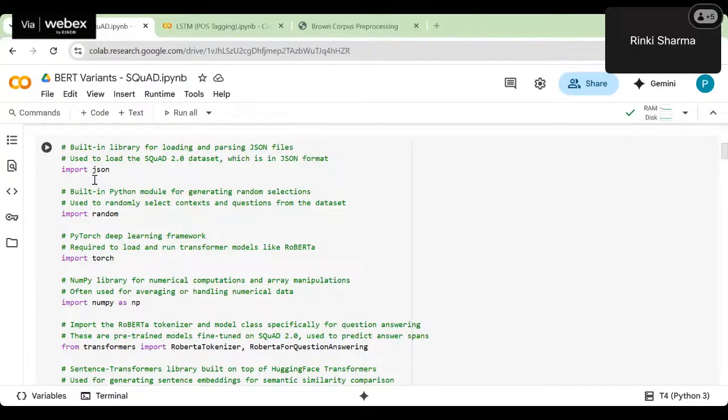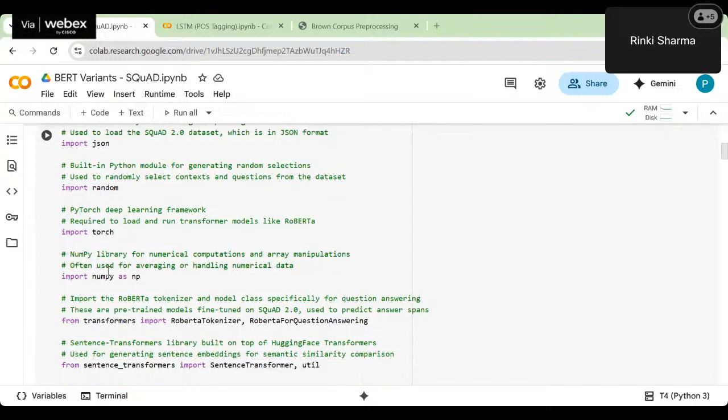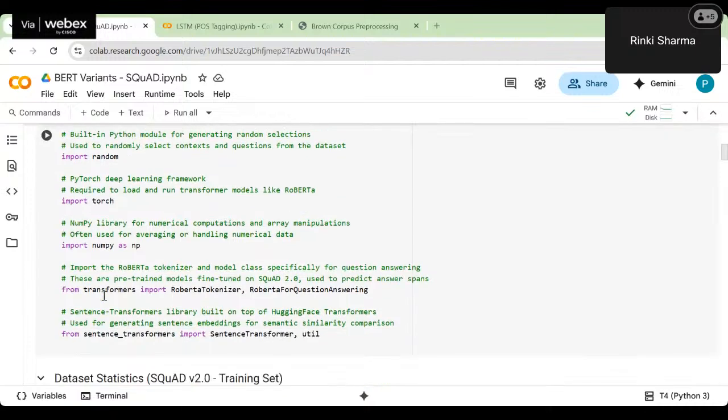Import torch, numpy. As we are dealing with BERT model, we import transformers. From there, we import RobertaTokenizer, RobertaForQuestionAnswering. For the embedding, as we are dealing with sentences, like questions in the form of sentences, from the transformers library we import the sentence transformer module.